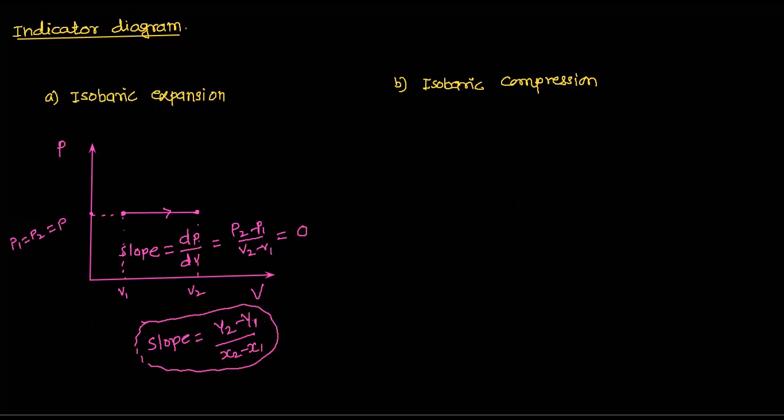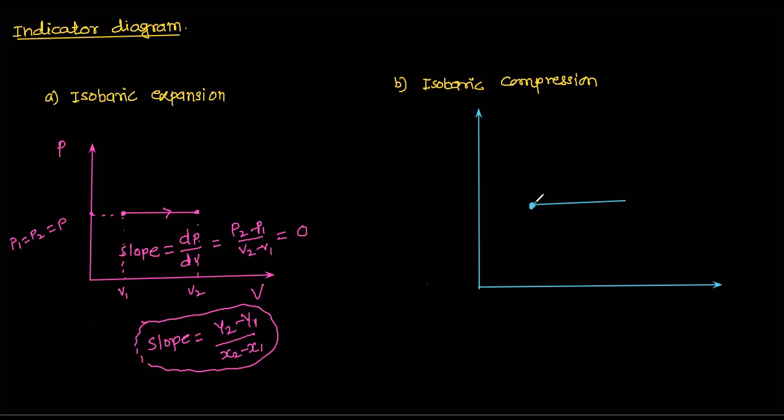Next one, see here graph 2. Let's change the color. Okay, so in this process, isobaric compression, what will be the case? Again you are getting a straight line only. Why? Although it is a compression, you still have pressure constant. So here you get a graph like this.